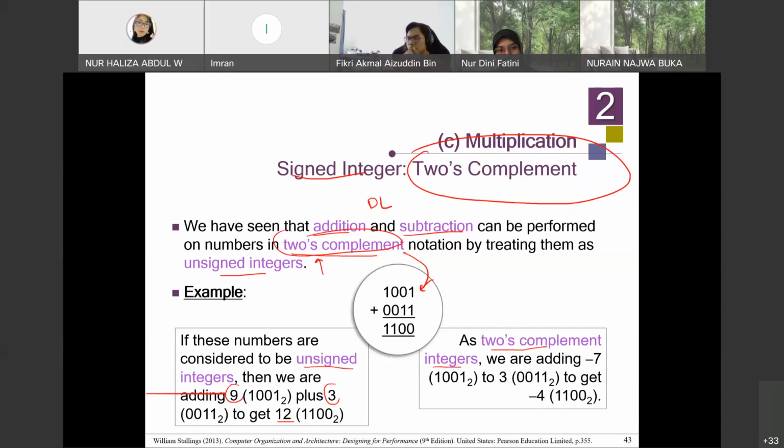We are adding negative 7 and 3, which is 1 1, to get minus 4. 1 1 0 0 0. Here is 4, here is negative. This one is 7 because there is an overflow here, carry. That's why you get 1. The rest will be 0, 0.